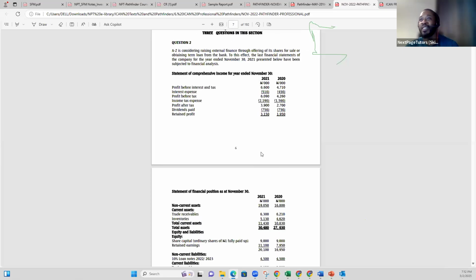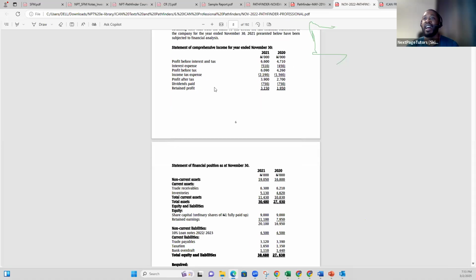So imagine seeing a question like this, where they said AZ is considering raising external finance through offering shares to its shareholders for sale, or obtaining a term loan from the bank. To this effect, the last financial statement of the company for the year ended 2021, presented below, have been subject to financial analysis. And then they gave you an income statement from profit before interest and tax.